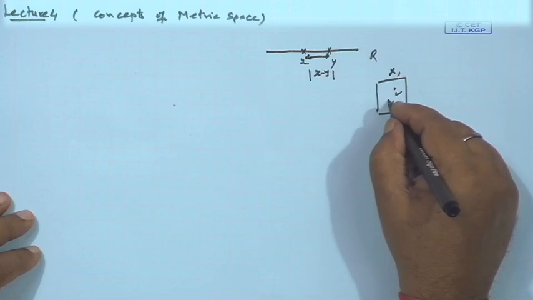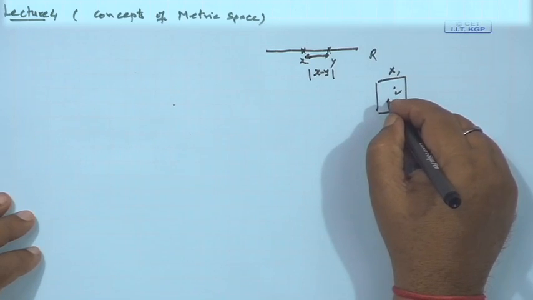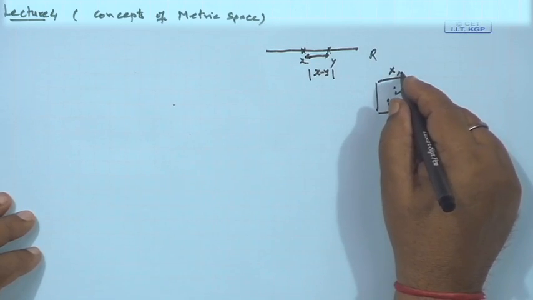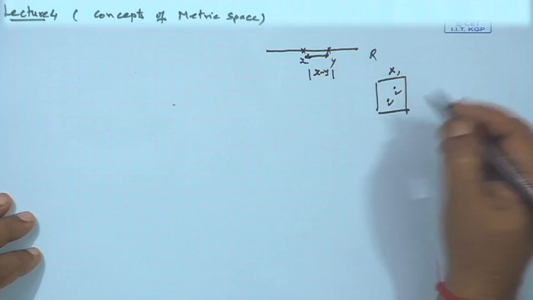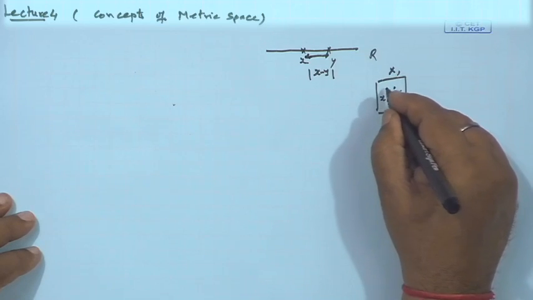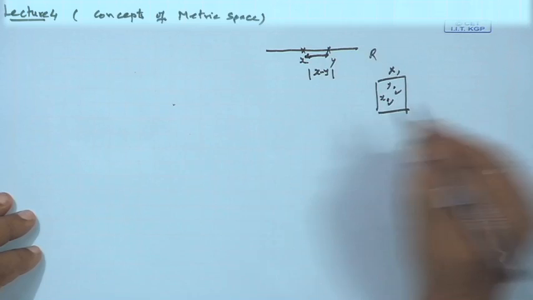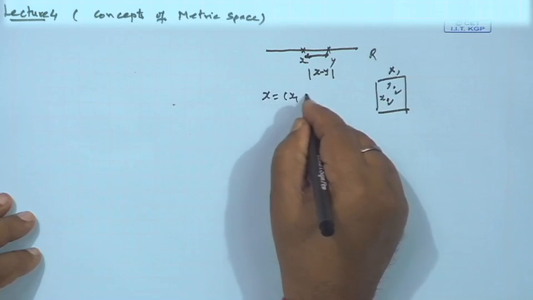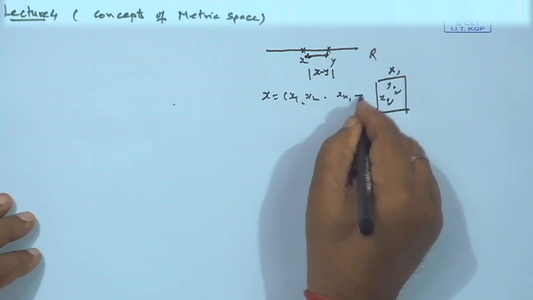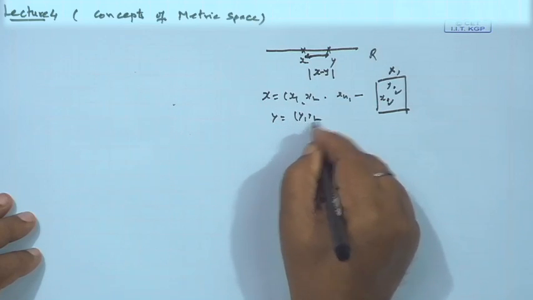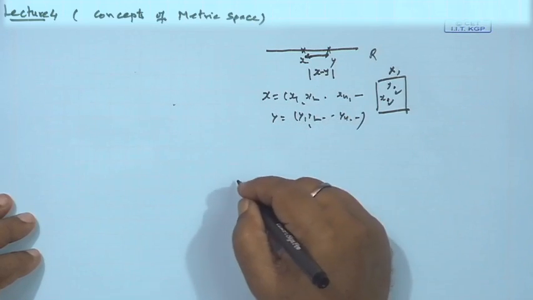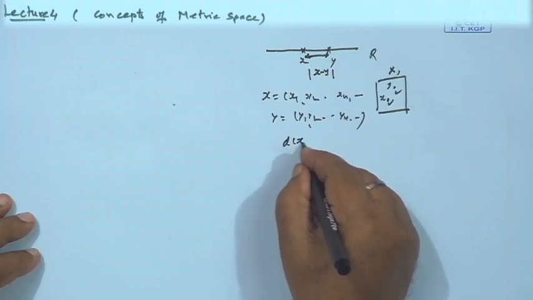Say, for example, if we take X to be the set of all infinite sequences which are bounded, then if we pick any two elements x and y, both are infinite sequences. x is x1, x2, ..., xn and so on, y is y1, y2, ..., yn and so on. How do we find the distance between x and y?